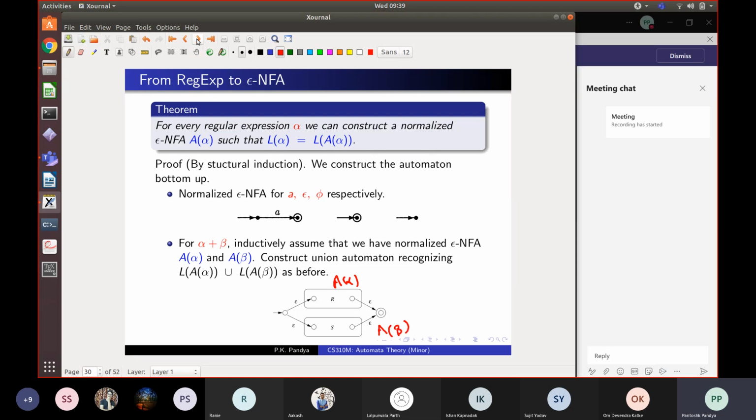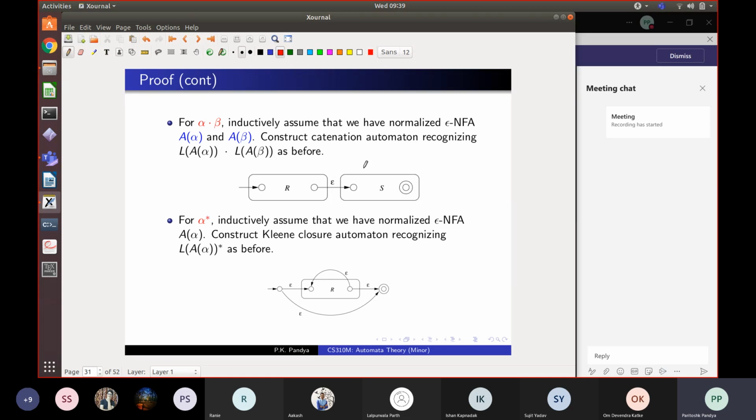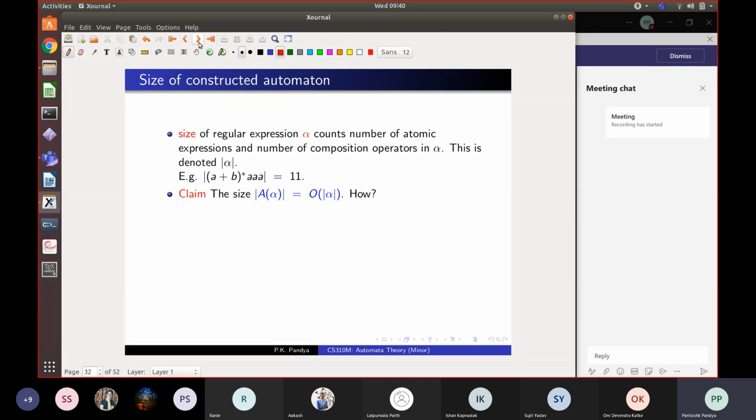This just takes the union of those two automata, and that is what plus denotes. You saw all these constructions before. This was for catenation and this was for Kleene closure, right? So using these rules, we can convert any regular expression into its equivalent epsilon NFA.